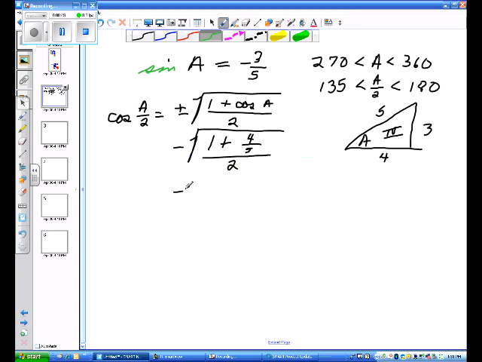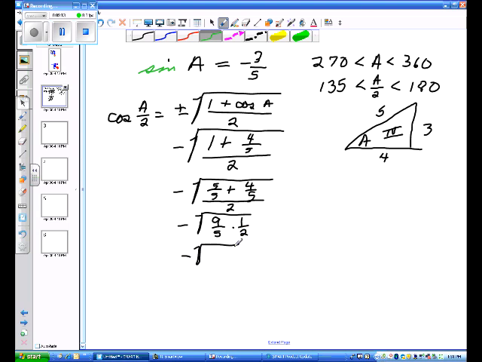Now the rest of this is arithmetic. We've got to get a common denominator, which would be 5/5 plus 4/5 divided by 2. So that's going to be 9/5. And I'm going to go ahead and say divided by 2 is the same as multiplying by 1/2.